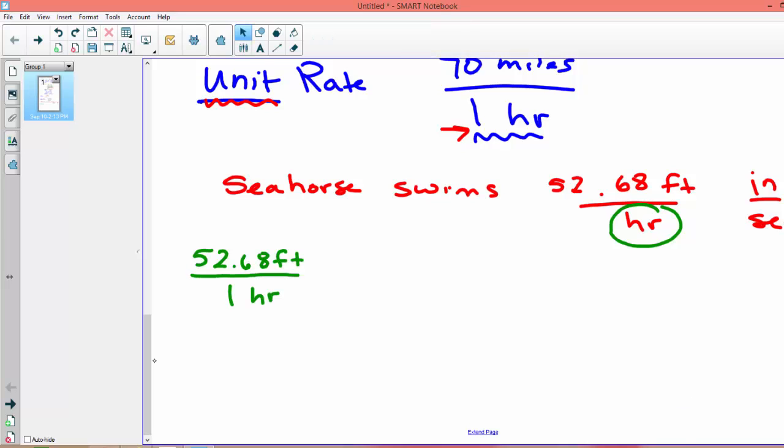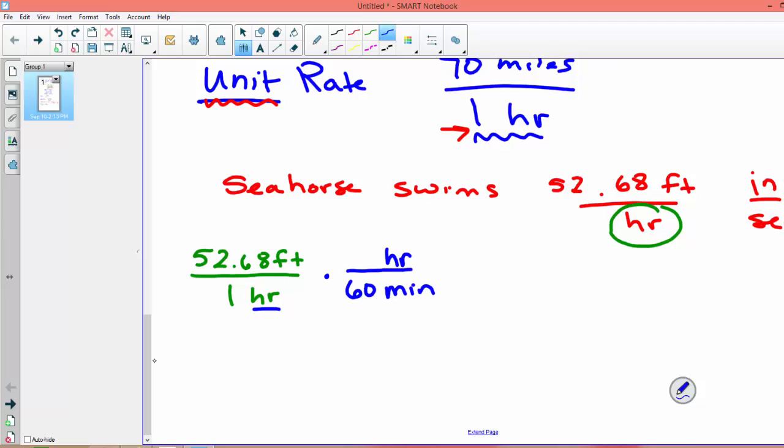We know there are 60 minutes in an hour, so the word hours is on the bottom. To cancel the word hours, you would need the word hours on top. And since we know there are 60 minutes in 1 hour, multiplying by 1 over 60 is actually multiplying by 1 because this is the number 1.